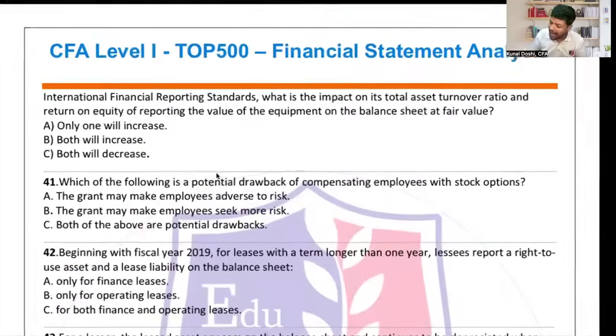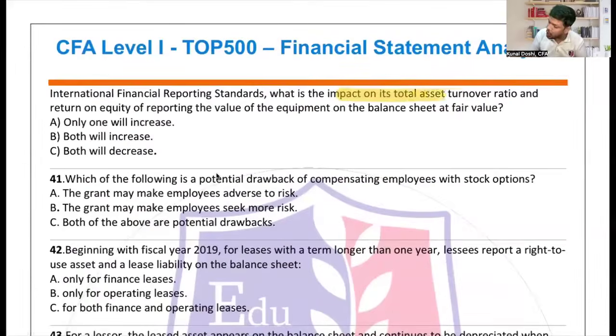Assuming KRD follows IFRS, what is the impact on the total asset turnover and on return on equity? Guys, what is total asset turnover? Total asset turnover ratio is sales over total assets, correct? And they said return on equity.